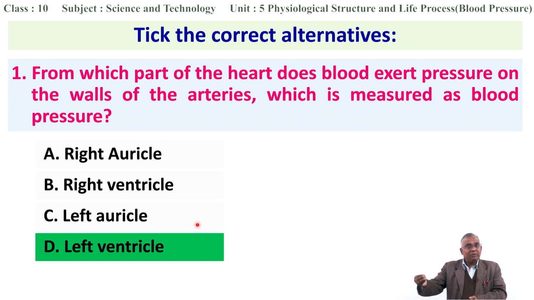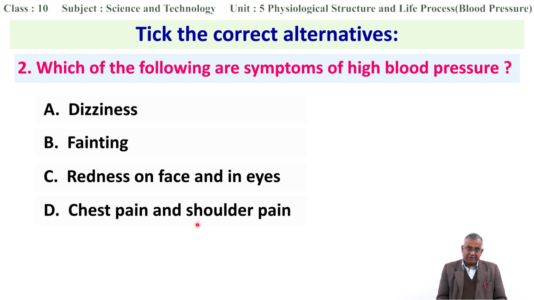The left auricle pumps blood into the left ventricle, just below it, and the left ventricle pumps blood into different parts of the body other than the lungs. So the branch where the pressure was measured before using the sphygmomanometer carried blood pumped by what? Left ventricle.